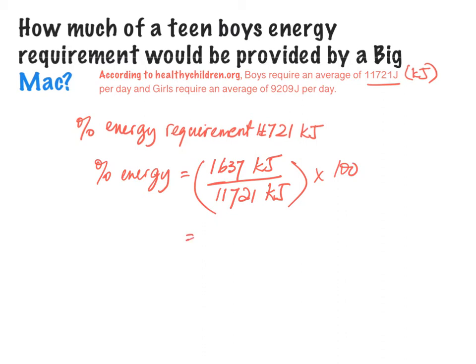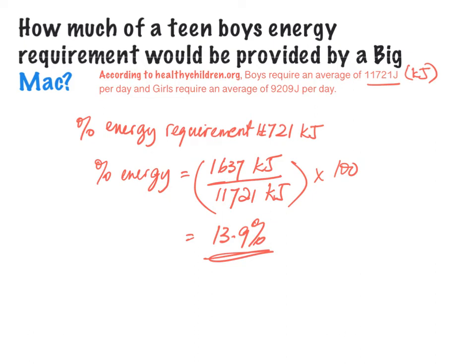So just doing the calculation, 1637 divided by 11,721 equals 13.9%. That sounds about right.